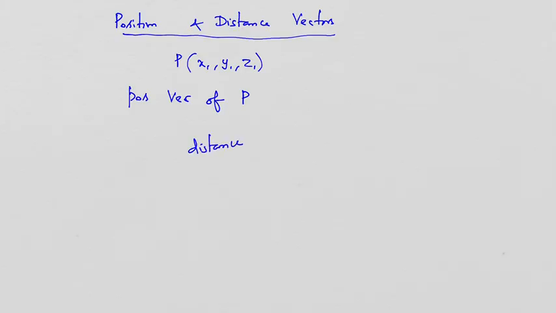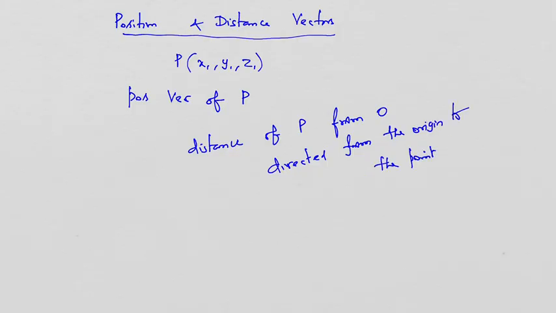In a cuboid structure, it is also known as the radius vector.